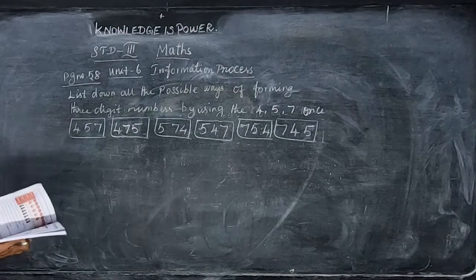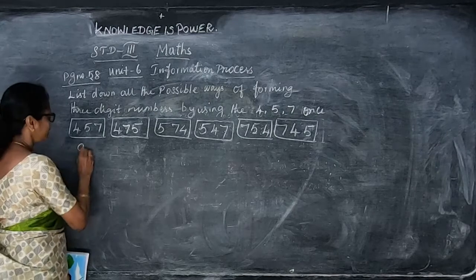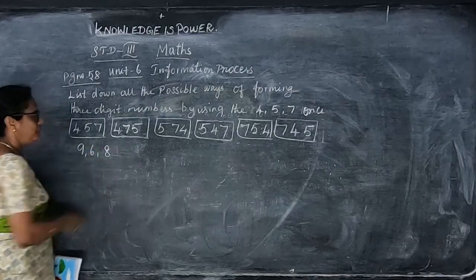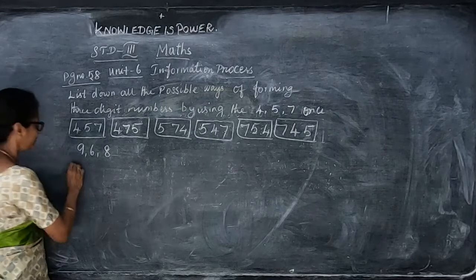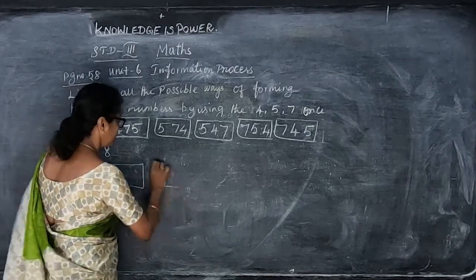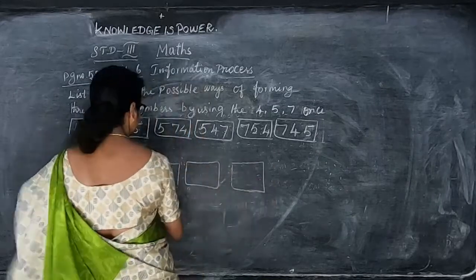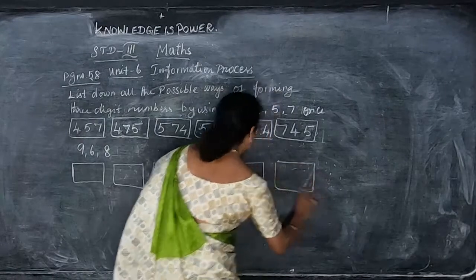Down below is an example sum. In the one below we are given 9, 6 and 8. So we can take these numbers and write. So 9, 6 and 8, same. So 6 times it will come. Same thing.